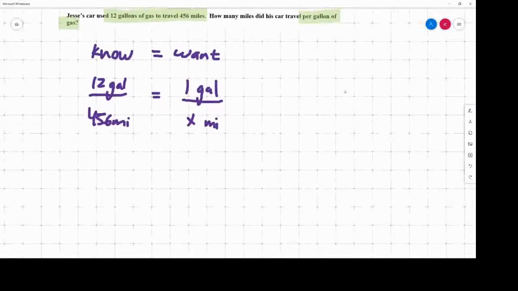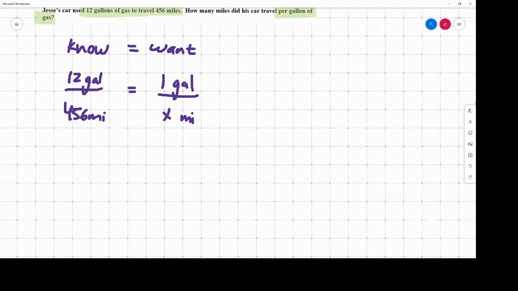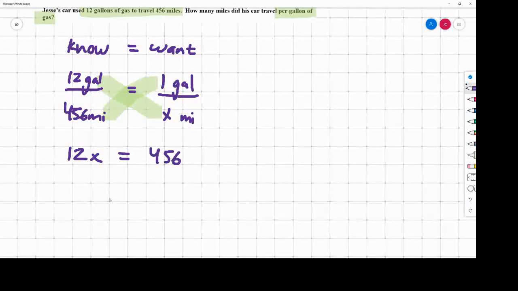Now I have a proportion, and to solve it, we need to cross multiply. So it's 12 times X equals 456 times 1, and 456 times 1 is just 456.